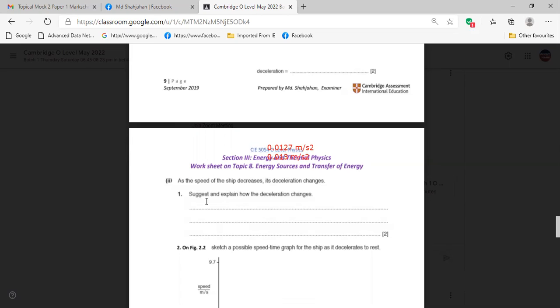If your speed is more, then air resistance also increases. That means opposite force increases. The same thing happens in water.